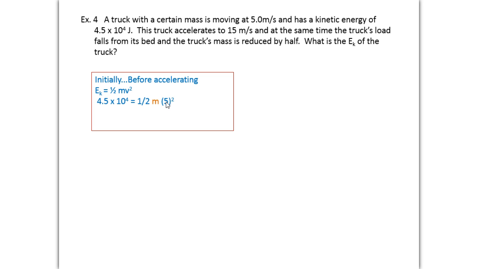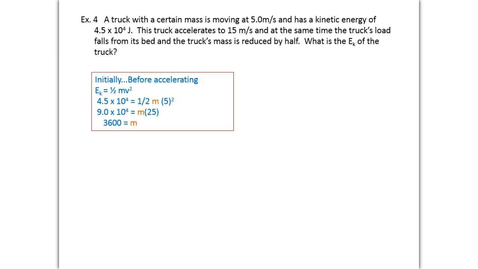We know the speed, but we don't know the mass. So let's get the mass of the truck. To get rid of the half, multiply both sides by 2, and the 4.5 becomes 9. 5 squared becomes 25. Divide both sides by 25, and the mass of the truck is 3,600 kilograms.